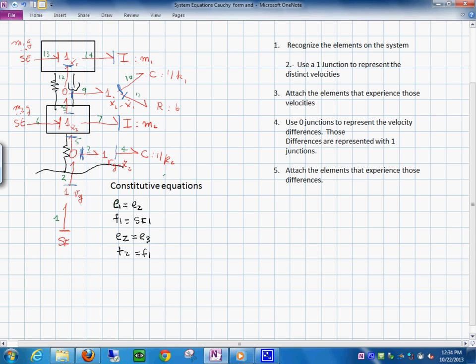E sub 5 is equal to E sub 3, and this f5 is equal to f sub 6 minus f sub 8 minus f sub 7.